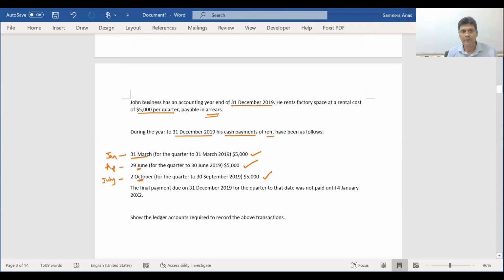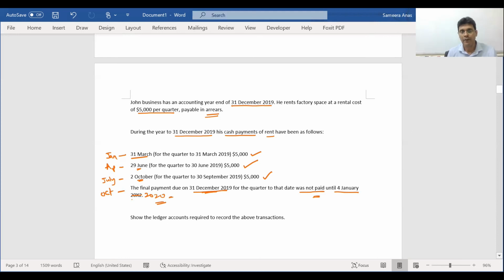The final payment due on 31st December 2019 for the quarter to that date was not paid until 4th January 2020. So this October to December has not been paid, and it was paid in 2020.